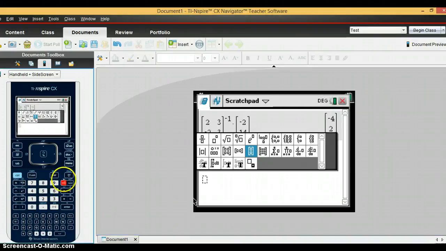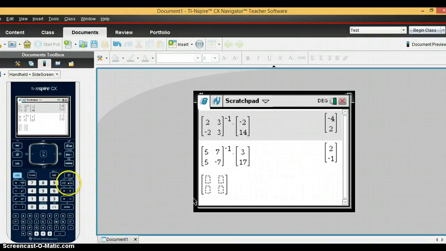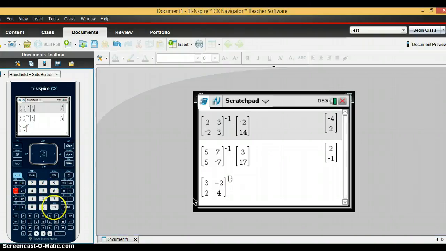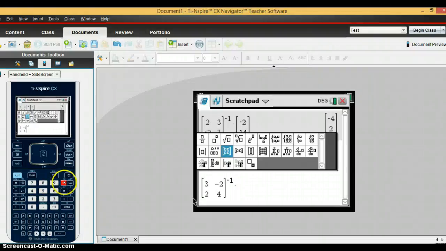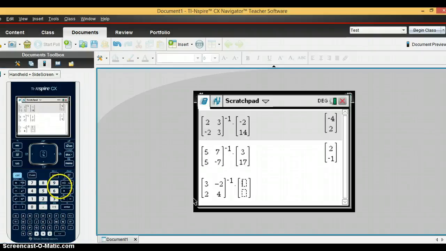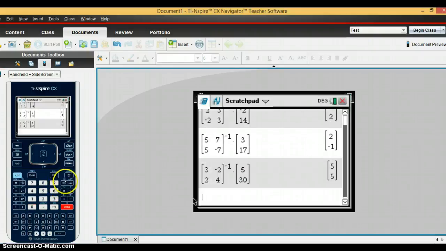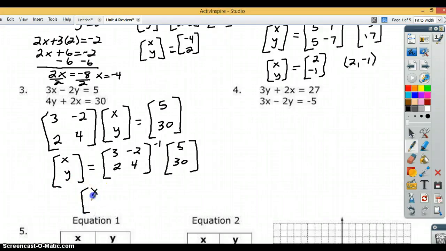So we want our 2 by 2, which is 3, negative 2, 2, 4, raise it to the negative 1, times 5 and 30, and you get 5, 5. So x, y we get is equal to 5, 5.